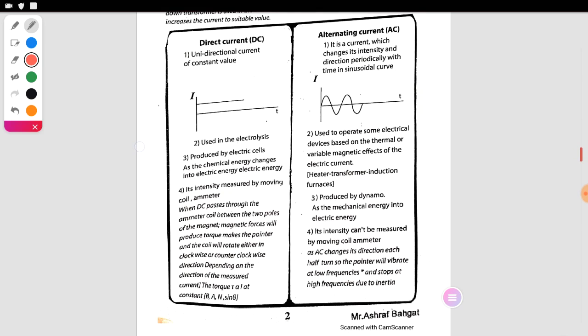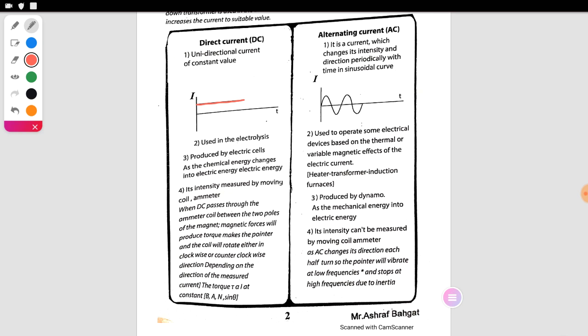Now we are going to make a comparison between direct current and alternating current. Direct current is unidirectional current of constant direction and constant value, moving in a straight line. While alternating current is the current which changes its intensity and direction periodically with time in a sinusoidal curve.